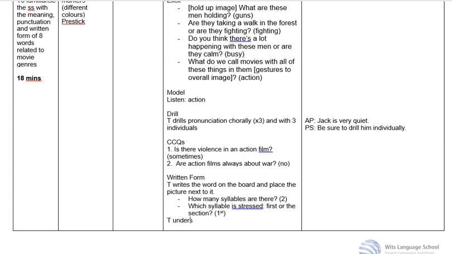So the teacher underlines the stressed syllable and highlights the difficult sound.